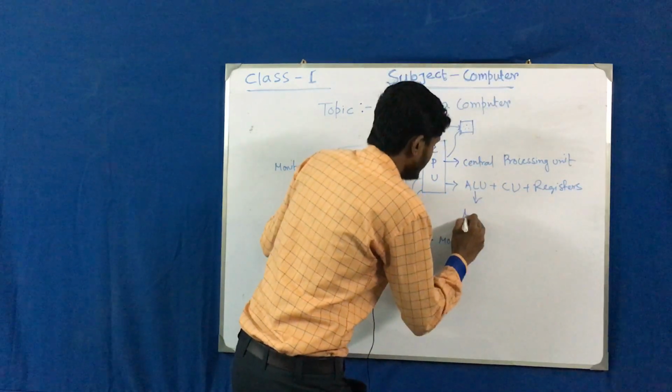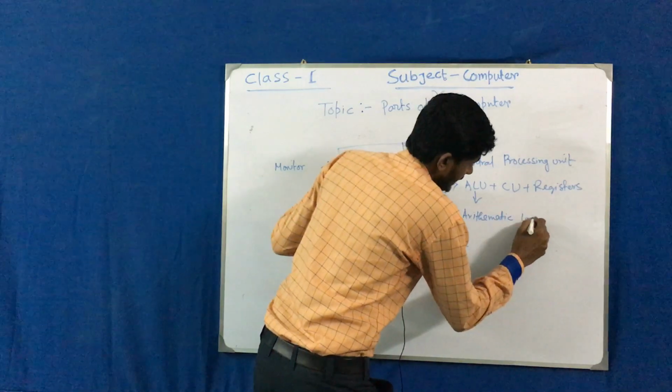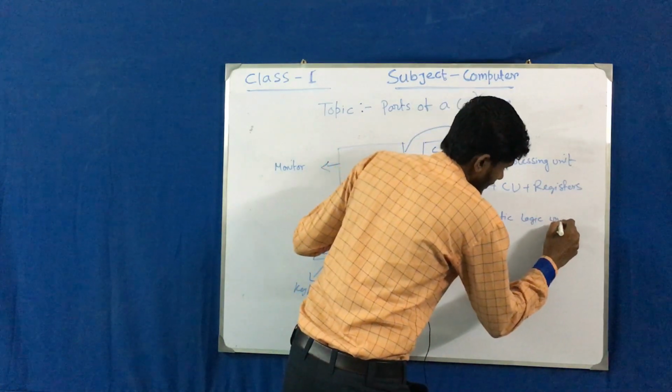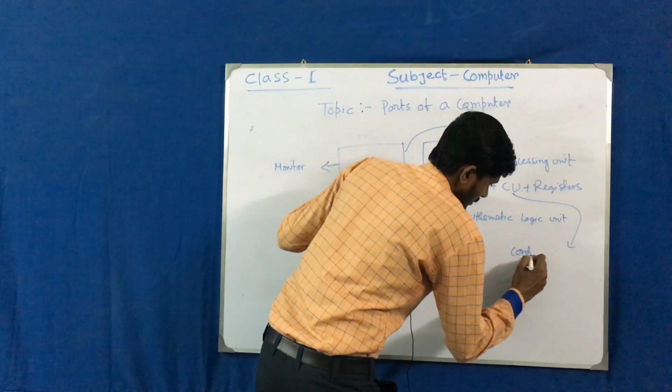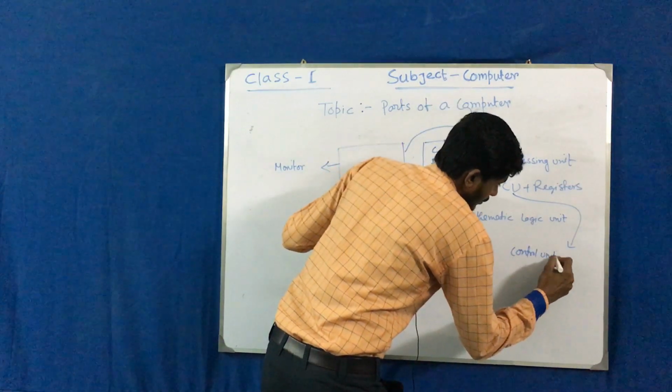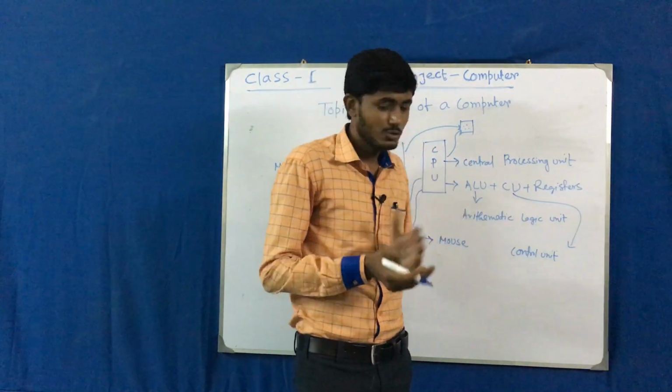ALU refers to arithmetic logic unit. CU refers to control unit, and registers can store the data. Clear? Registers can store the data.